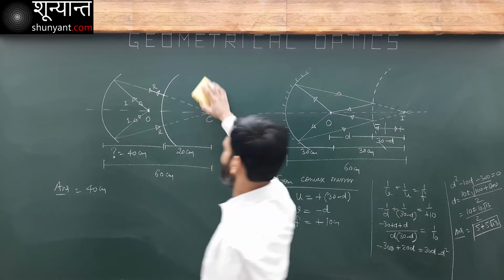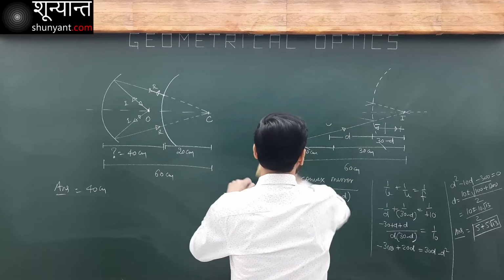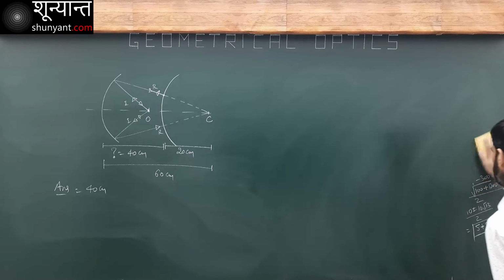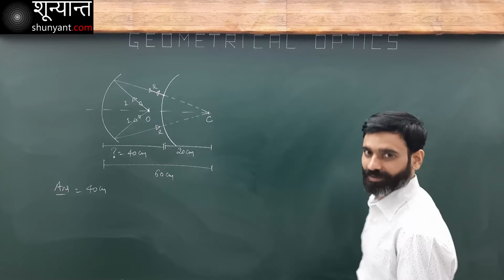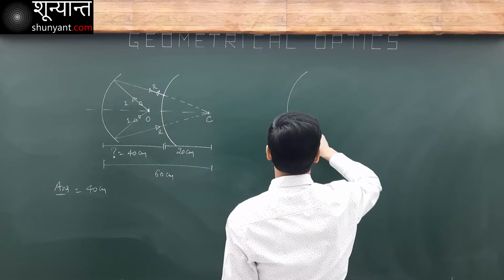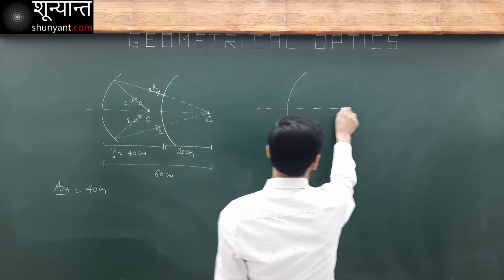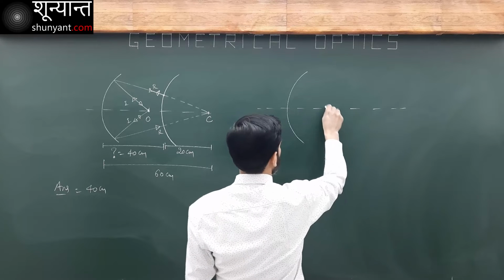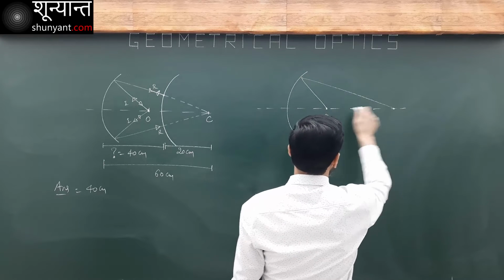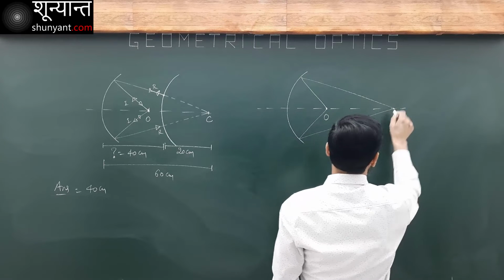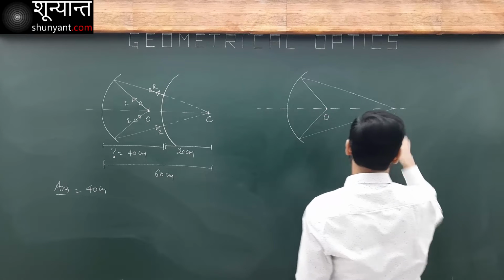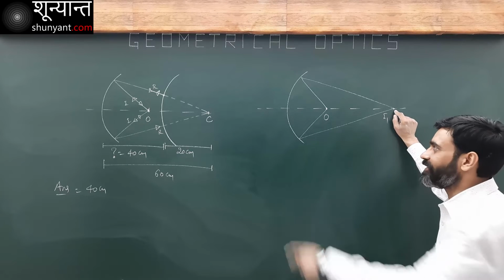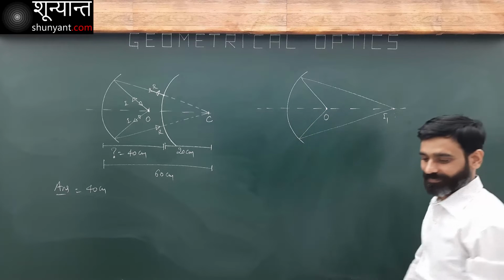What will happen if I make some arrangement? Let me draw this again. This is my object. It forms an image here. Image I1. Now if I keep an object here, where will be the image? Image will be here. Does that make sense?